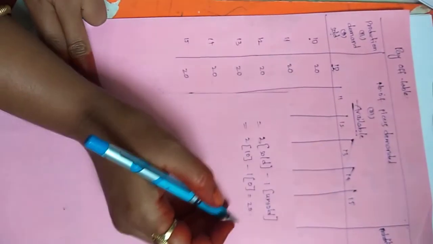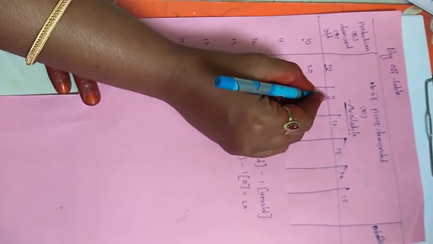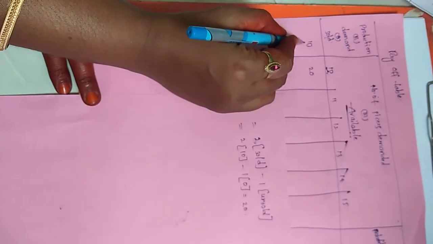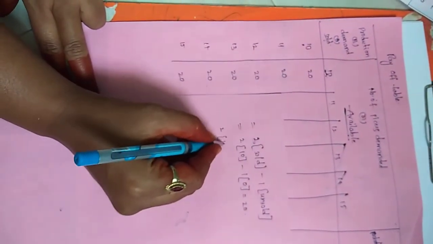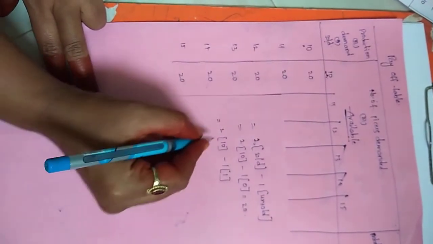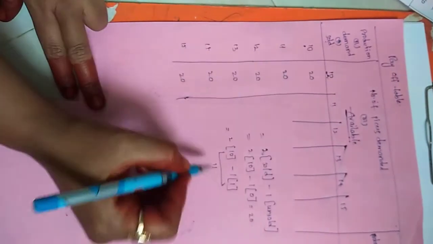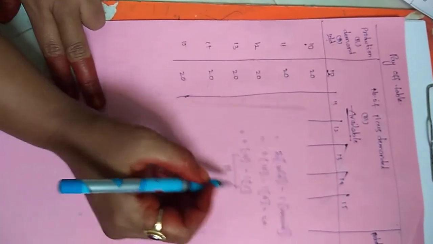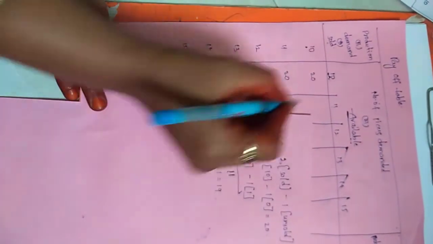Next, here available are 11, but we can sell only 10. It means 2 into 10 minus 1 into 1. Just see, available are 11. This is our logic: we have to check whether available and sold are the same or not. It means 20 minus 1, that is 19.